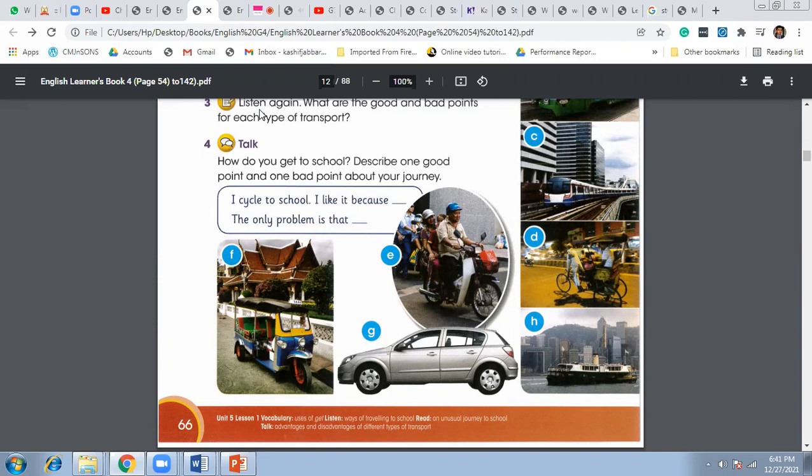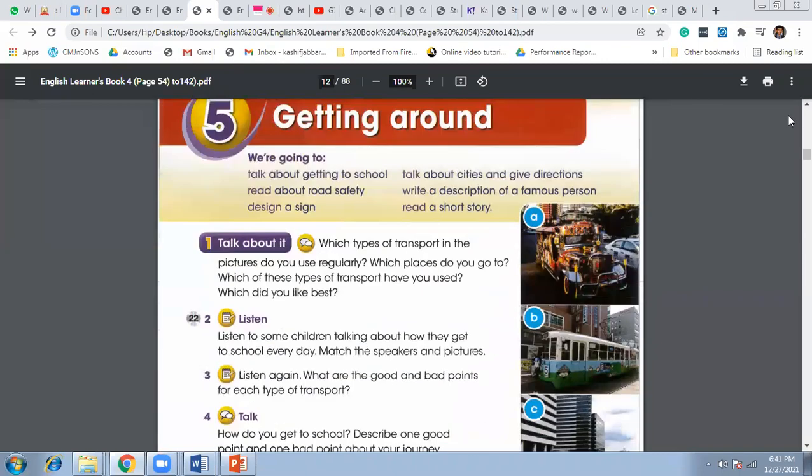All right, so she was talking about the tram and where it is. We can find it in picture B. In picture B, this is the tram. All right.